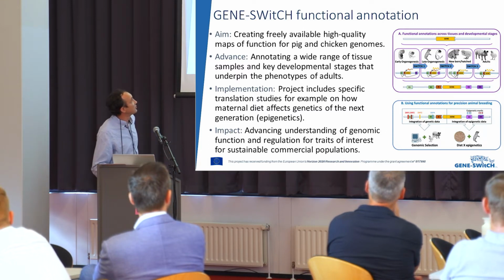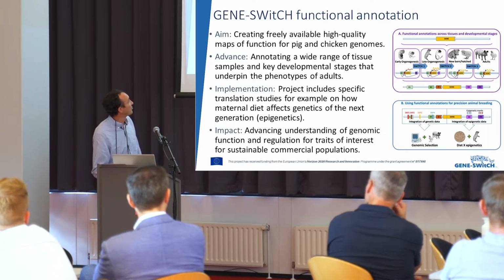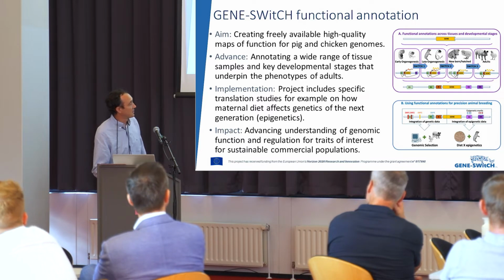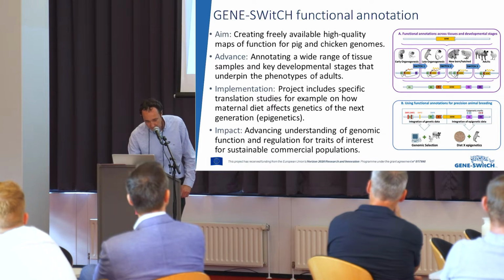So the idea is to annotate a wide range of tissues, and not only tissues, but also developmental stages. And we do that because we really think that it underpins the phenotypes of adults.